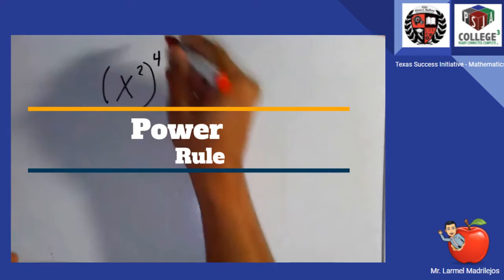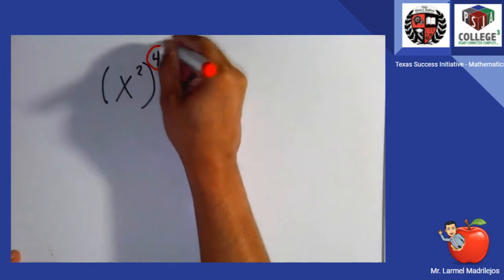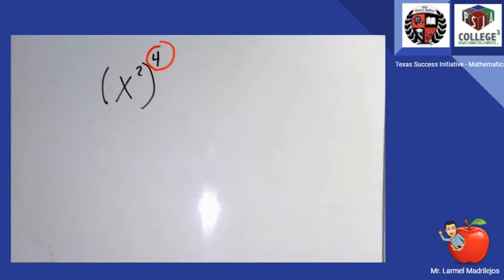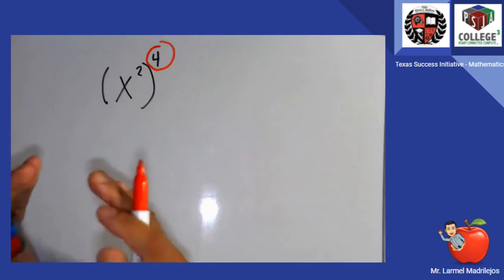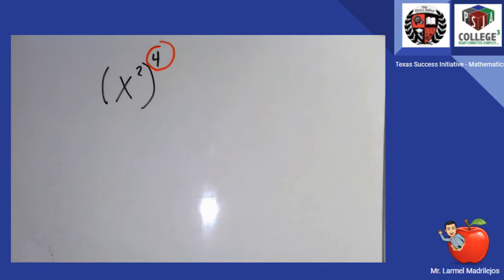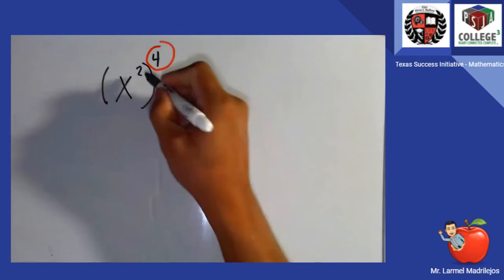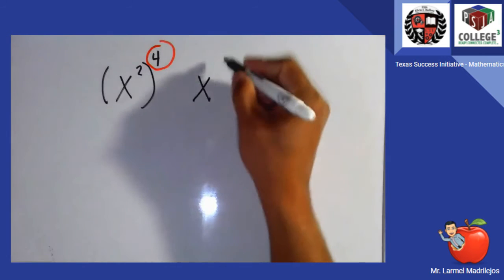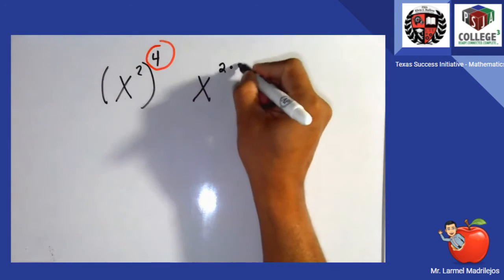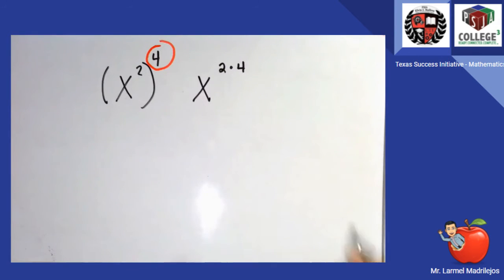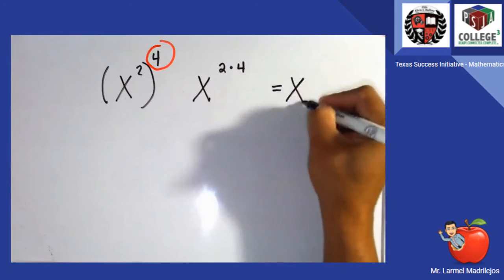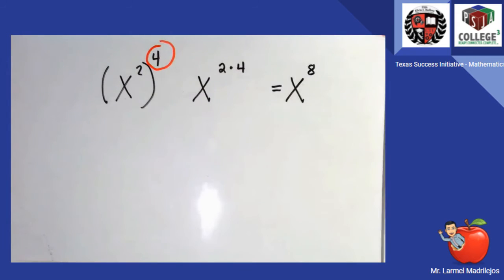It's a group of variable raised to an exponent. So this time, in the power rule, we multiply both exponents. It's going to be x to the 2 times 4. It's going to be x raised to 8.